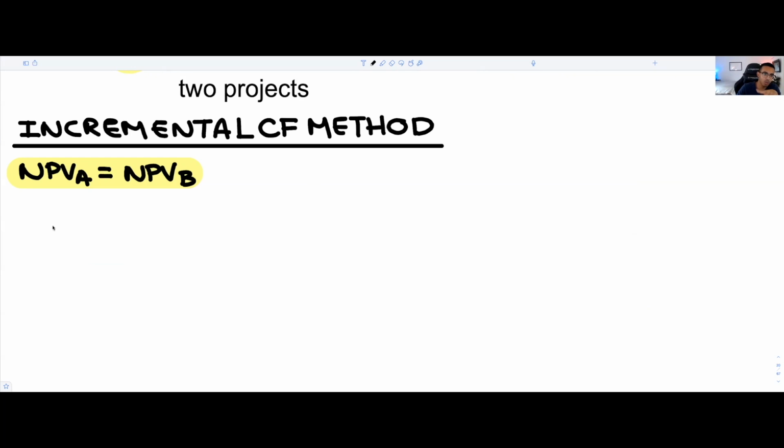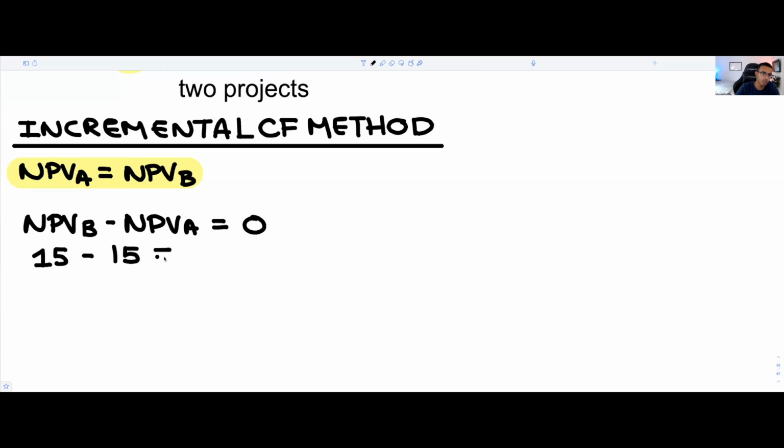If NPV A is equal to NPV B, technically, we could say that NPV B less NPV A should be equal to 0. Does that make sense to you? Let me give you an example. Let's say that NPV B was 15, and NPV A, because they're equal to each other, is 15. Well, 15 minus 15 gives you 0. I feel like that's a topic that we could all understand. If these two NPVs are the same, if you do 15 minus 15, you're going to get 0.